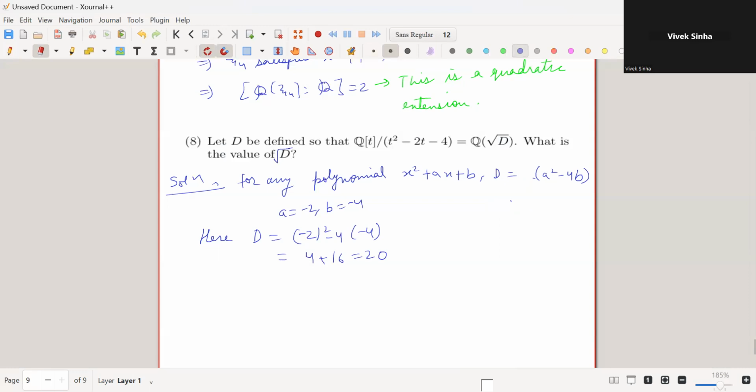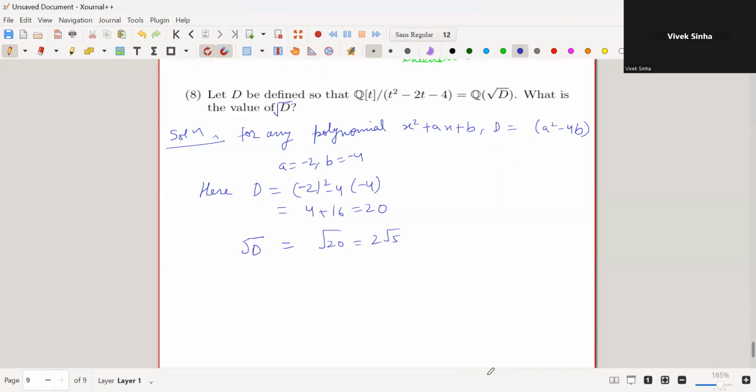Then this alpha thing vanishes, and we will adjust this alpha in the final argument. So root d is root of 20, which is 4, sorry, 2 root of 5. So this implies Q(t) modulo t square minus 2t minus 4 is Q(2 root 5), and that is same as Q(root 5).